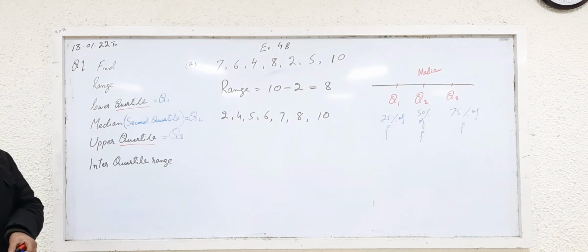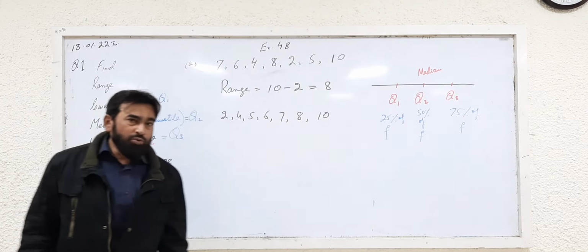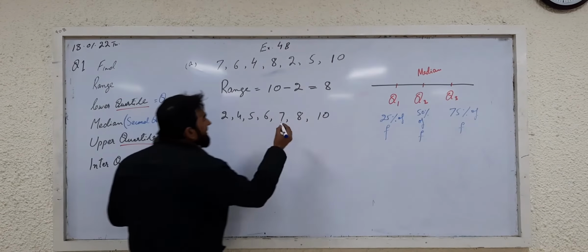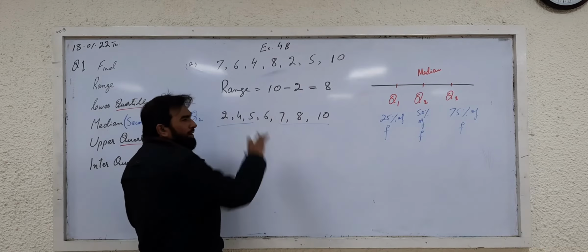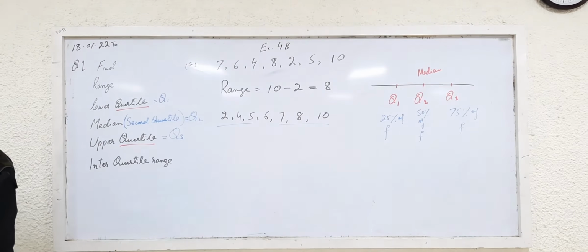Okay. So if the data is given in an odd number of values, then it is very important to understand what we are going to do. You are going to divide the data like this. 3 values on the right and 3 values on the left. This middle one is the median basically.